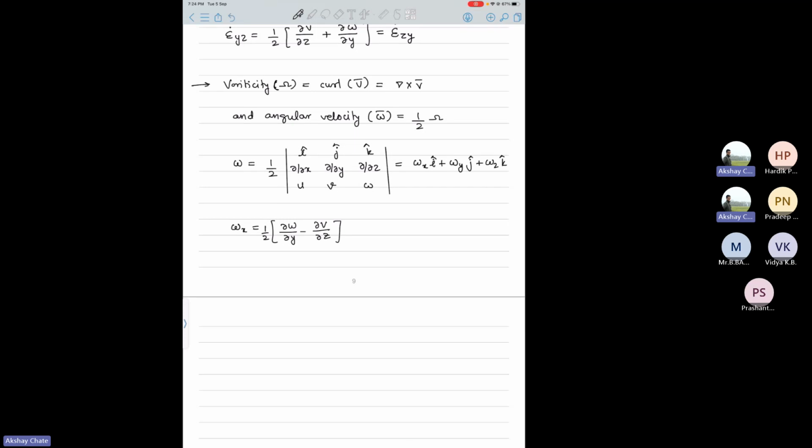I have seen many students struggling to remember these things, but it is my request to you that don't remember these things because you will forget them anyway. If you just remember the trick, you will be able to solve the problems. In y it becomes slightly tricky because there is a negative sign in between. Therefore it becomes del u by del z minus del w by del x.